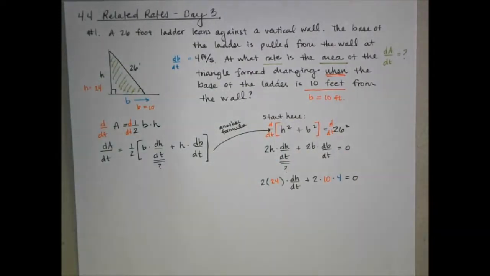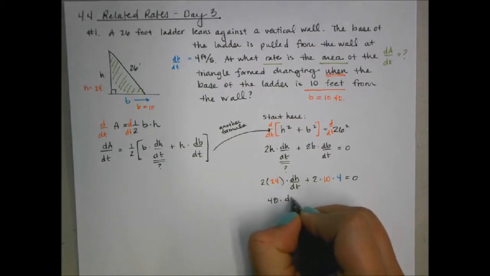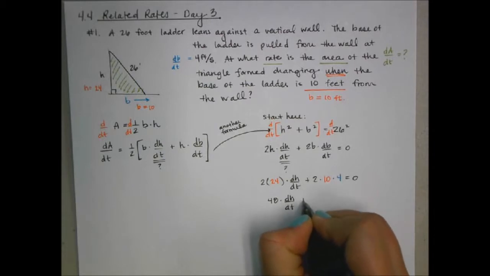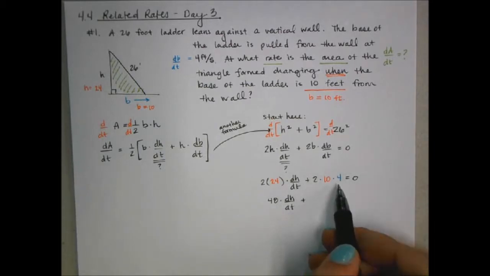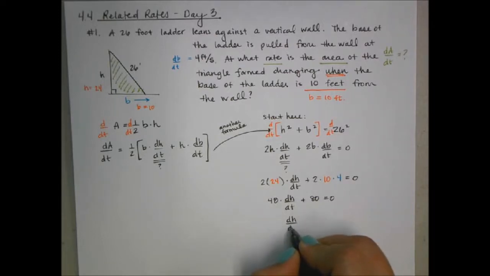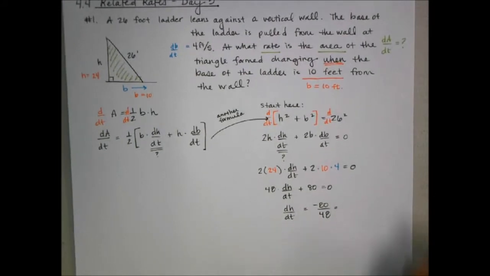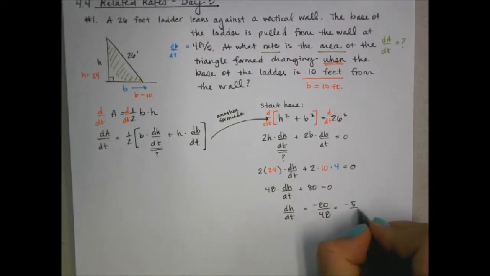All right, so solving this, I have 48 dH/dt plus 80 equals 0. dH/dt then is negative 80 divided by 48, which will reduce to negative 5/3.